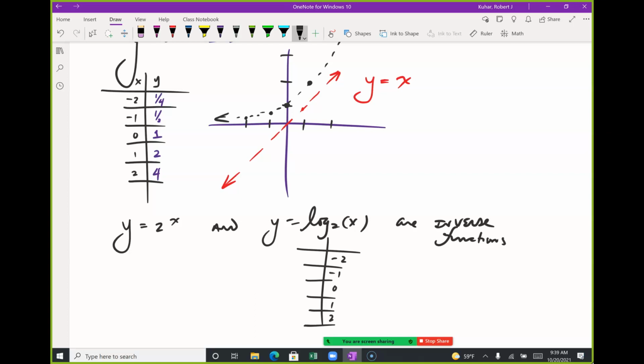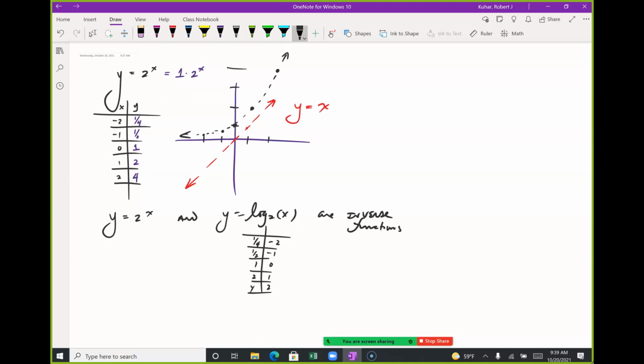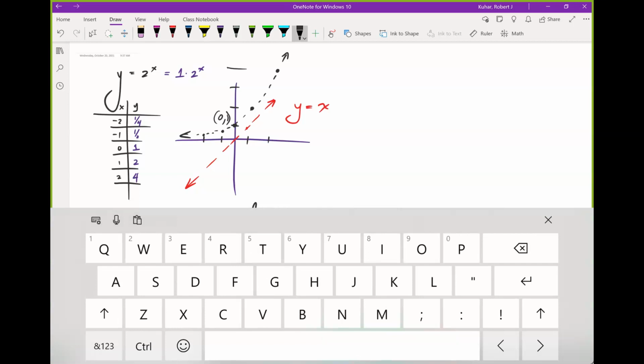And then my y values become my input: 1, 2, 4, and then 1/2, 1/4. So I certainly can plug those points in. I have a 0, 1 on my exponential curve. I have a 1, 0 on my logarithmic curve.